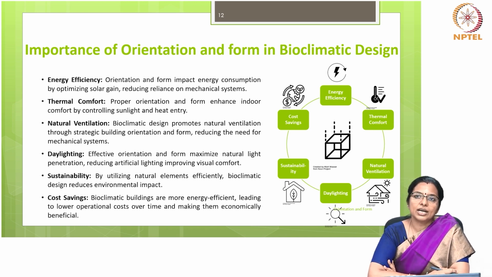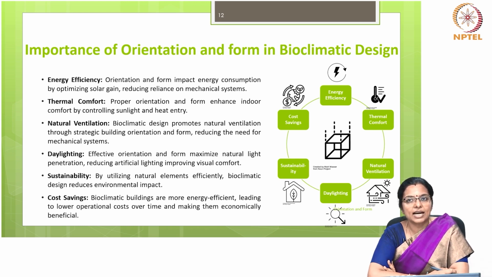The strategic alignment of building with the sun's path allows for effective solar gain in winter and minimizes heat gain in summer, reducing the need for mechanical heating and cooling systems. Additionally, proper orientation and form facilitates natural ventilation and daylighting.